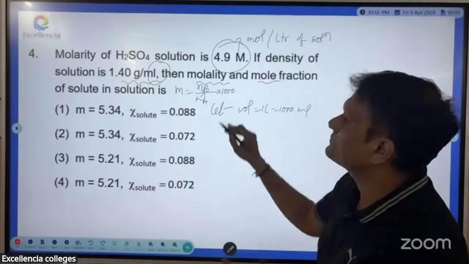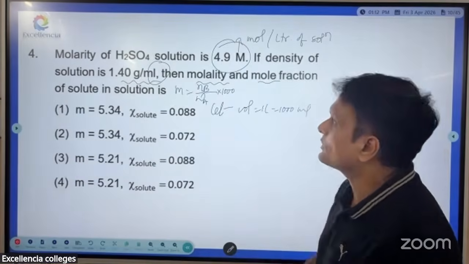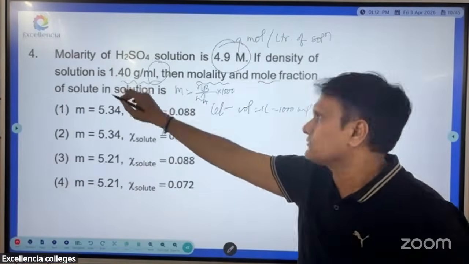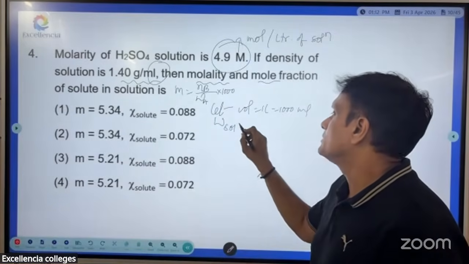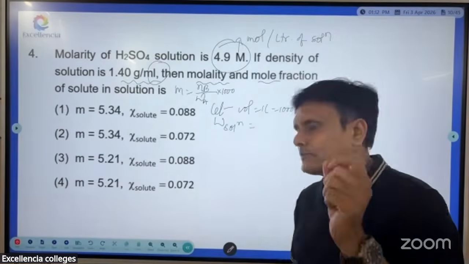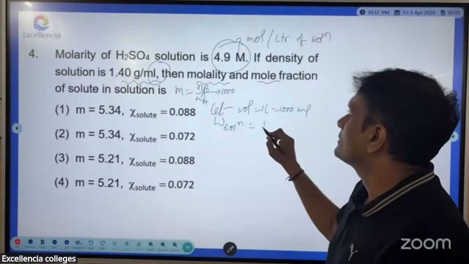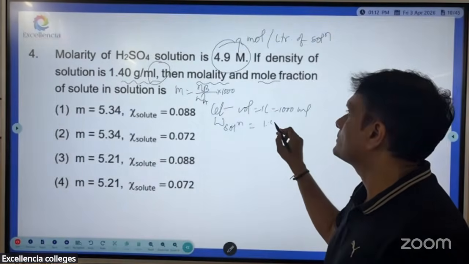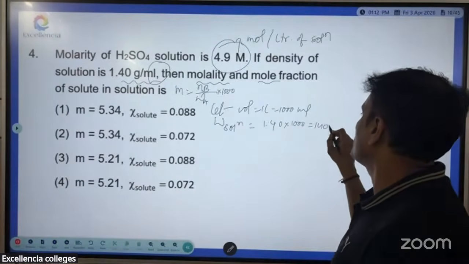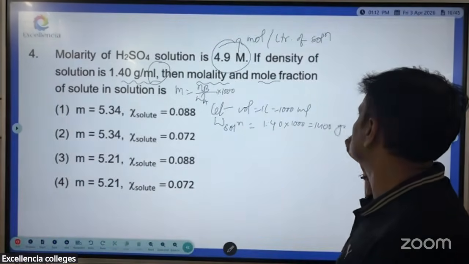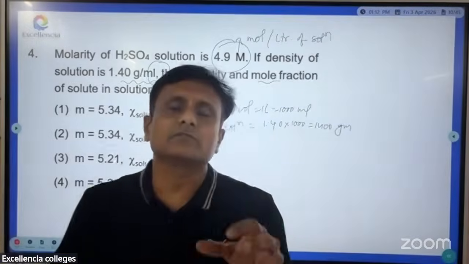Therefore, what is the density given? 1.40. You have assumed the volume, density into volume gives you weight of solution. How much? Density into volume. This is turning out to be 1400 gram is the weight of solution, which includes solute and solvent.